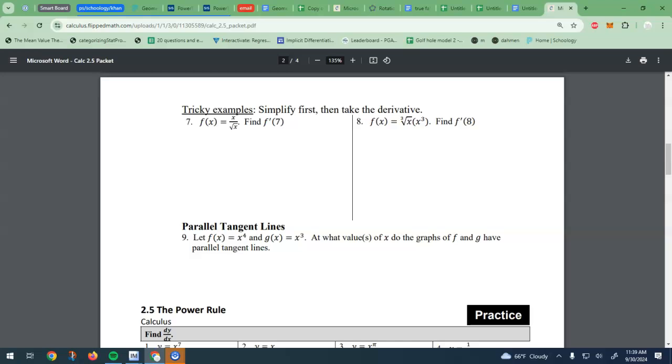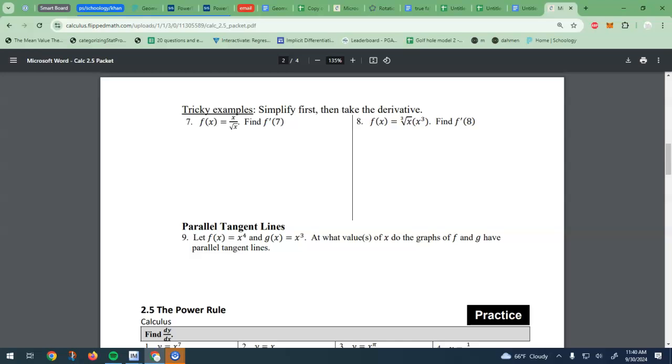Don't simplify it. So I'm just going to go 1/2 times 7 to the negative 1/2. And that's all I can do without a calculator. You're done. But if they ask you to simplify, plugging in before you simplify is usually better. It's just less chances to screw up.